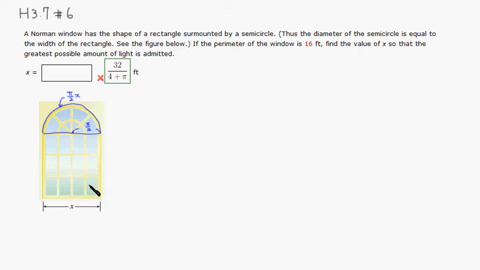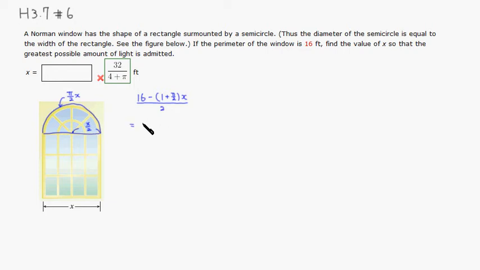we have to subtract pi over 2 x and the x from 16, then the remainder we're going to divide into 2. So that would be 16 minus 1x plus pi over 2 x, right? So that's the remainder for these. Then we have to divide the whole thing by 2.